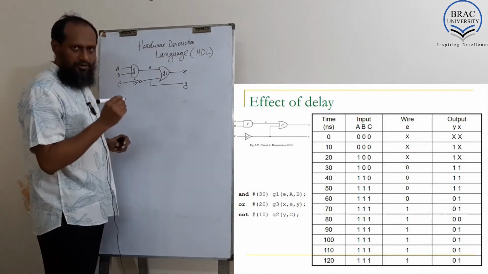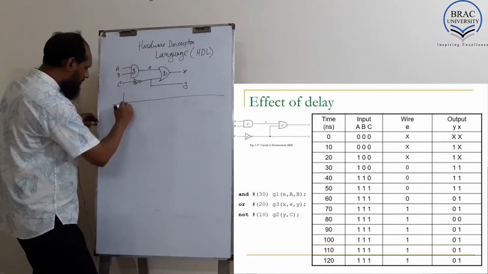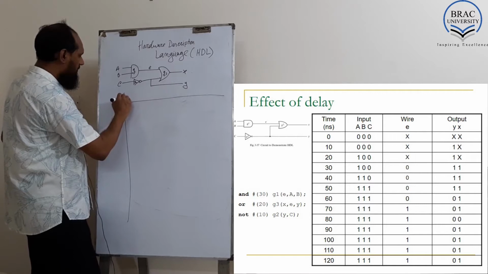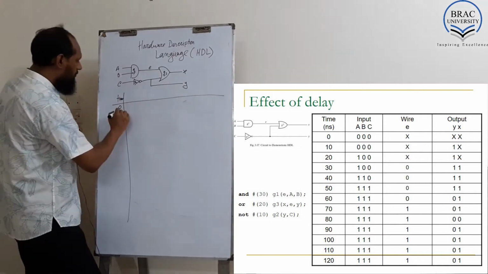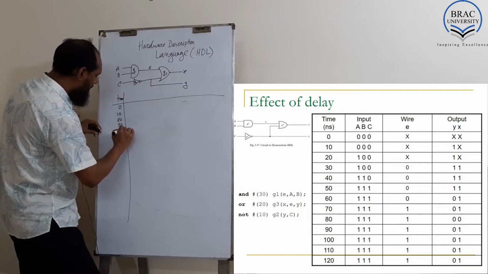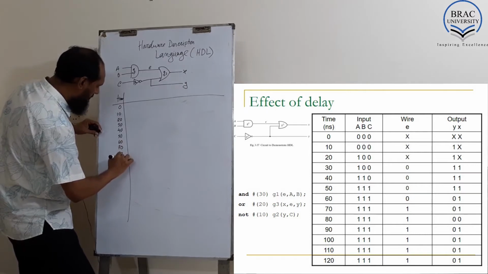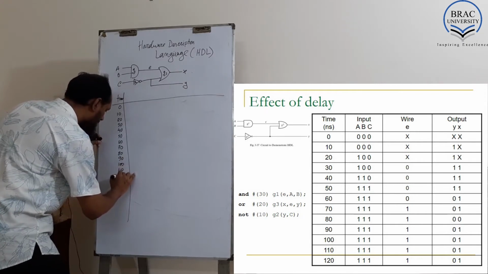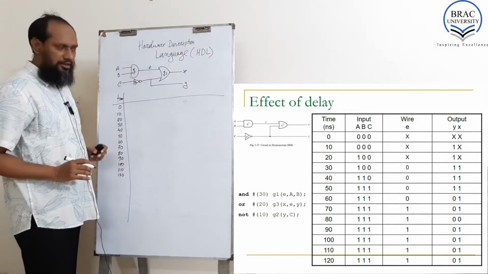Now, we will write the truth table for this corresponding to the time. Like for time 0, what happened? Time 0, 10, 20, 30, 40, 50, 60, 70, 80, 90, 100, 110, 120, like this.